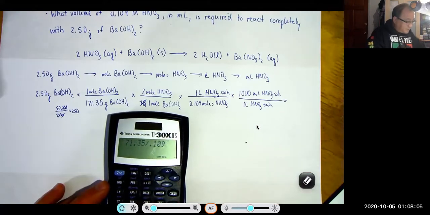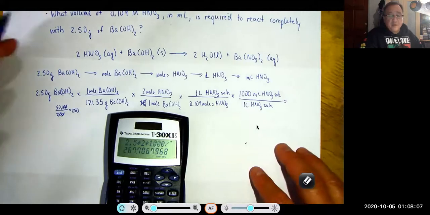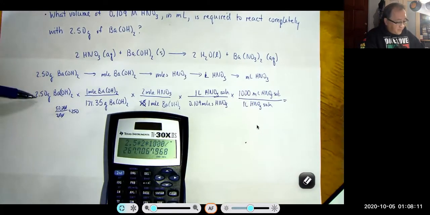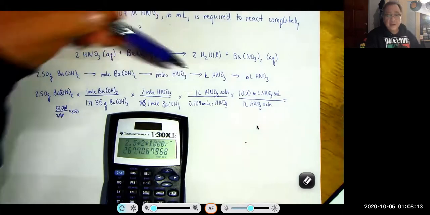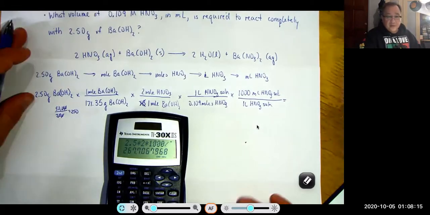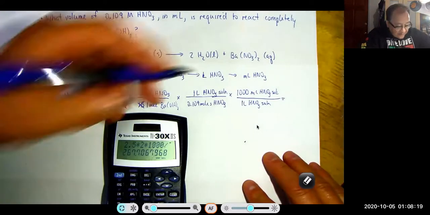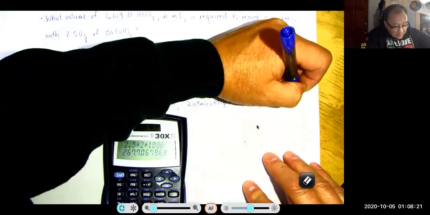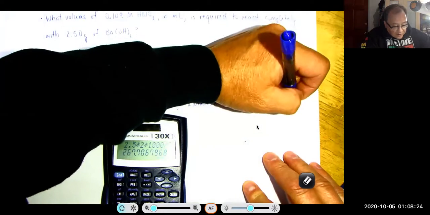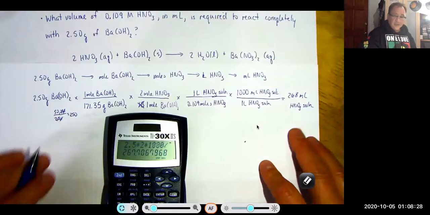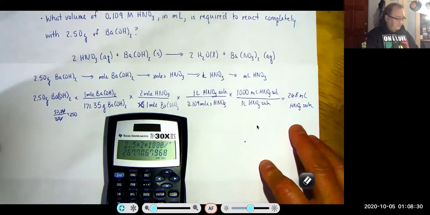And we get 267.70, and it looks to me like based on the 2.50 and the 0.109, we're going to get three significant figures out of this. So we're going to write 268 milliliters of HNO3 solution. And there is our answer.